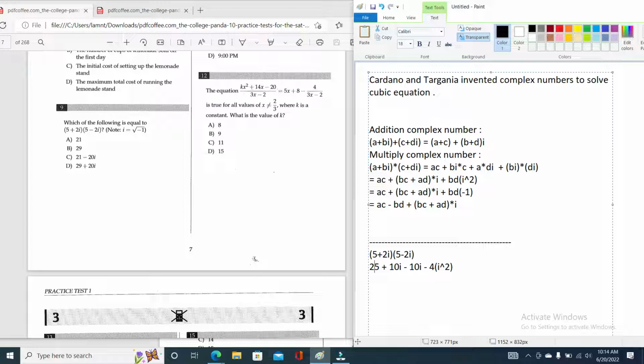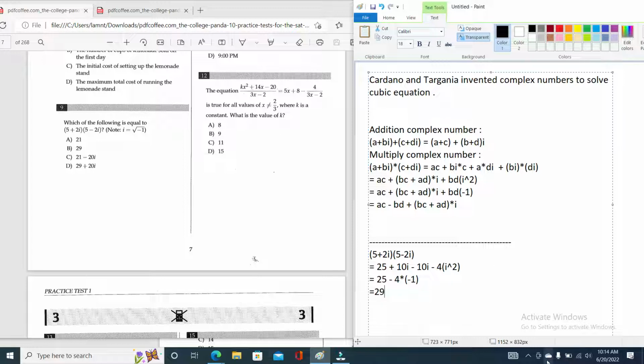Because 2i times 2i is 4i squared, and we have to put the negative sign because it's minus 2i. So that's just 25 minus, because the 10i and minus 10i cancel each other out, 4 times i squared, where i squared is -1, and this is going to yield 29.